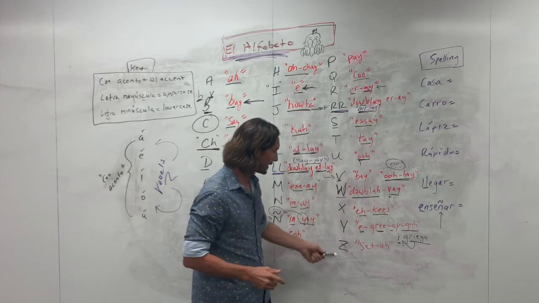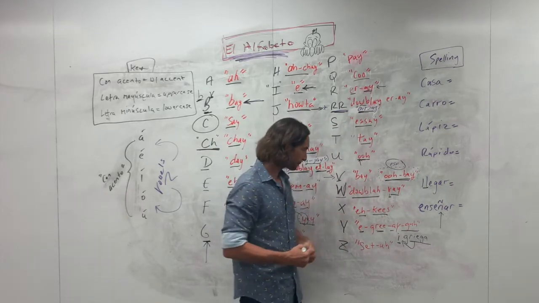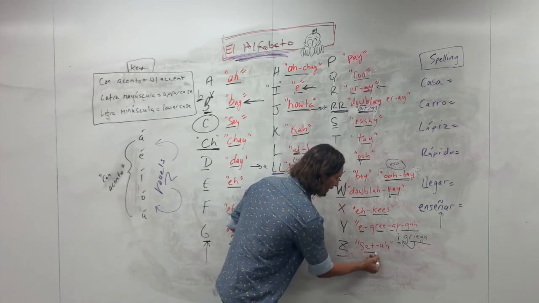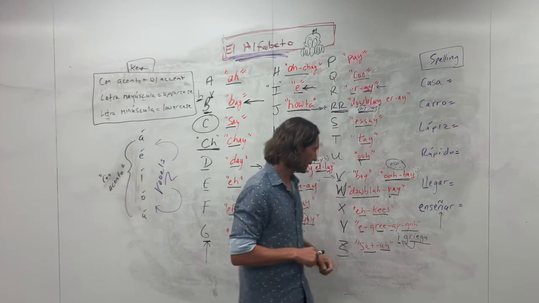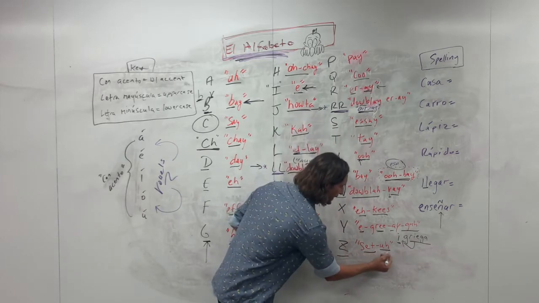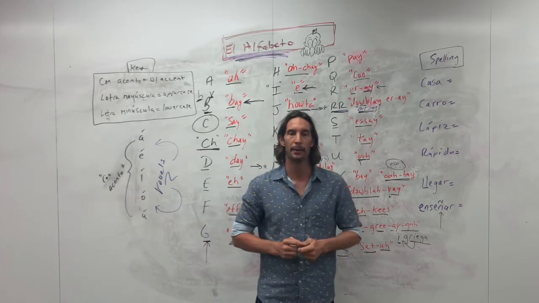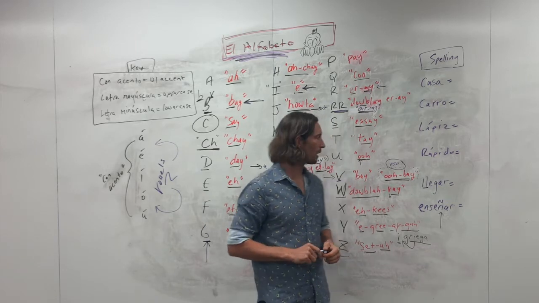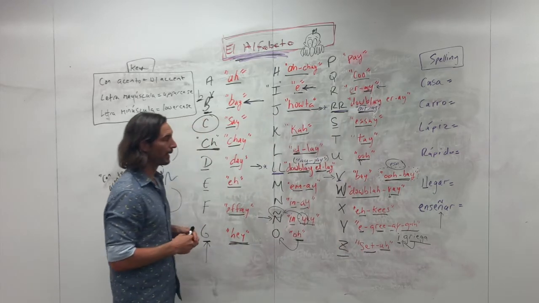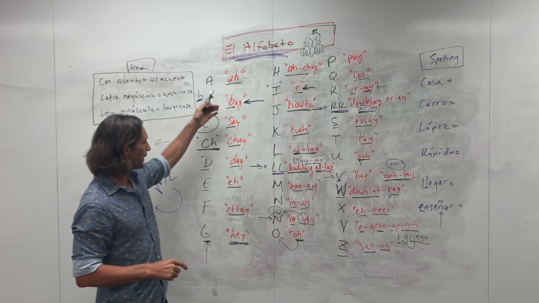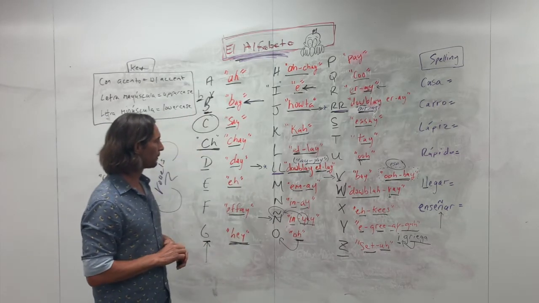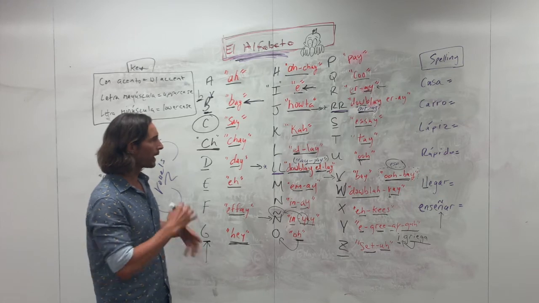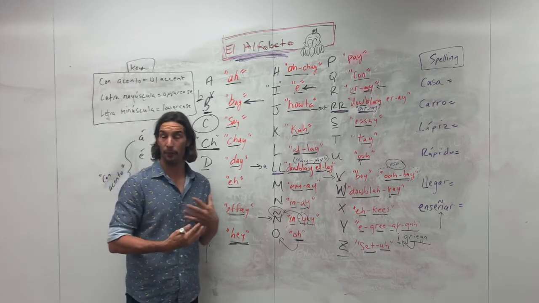And then Z is zeta, zeta. Hopefully that was helpful with the Z. So zeta, right? And so yeah, those are the letters in the Spanish alphabet with their corresponding sound. And like I said, hopefully that was helpful as far as understanding how the alphabet works.